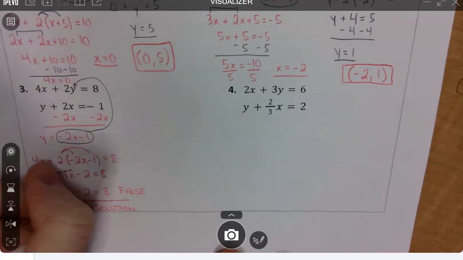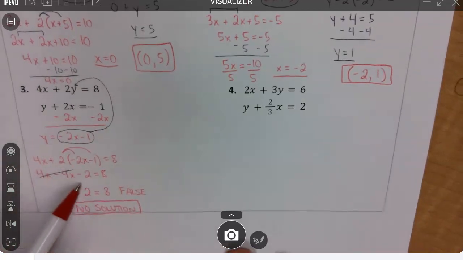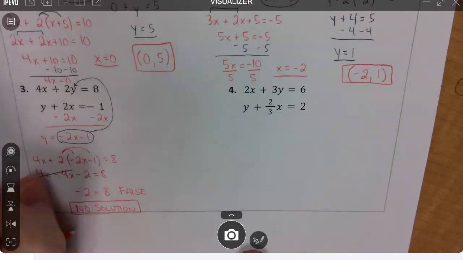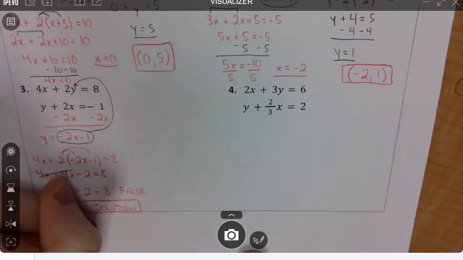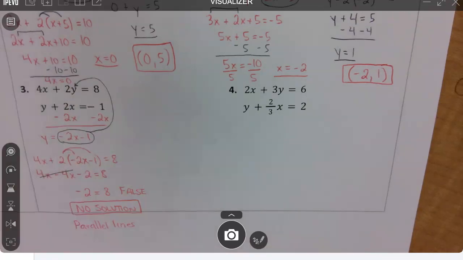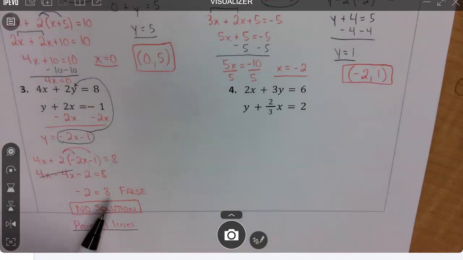If I can't solve for one of the equations, which I couldn't, that means there's no way I could solve the system of equations. So if one equation has no solution, the two of them together have no solution. And why would this be? Because that would imply that they're actually parallel lines. There's no point that they have in common. So we'd say there's no solution to the system of equations.